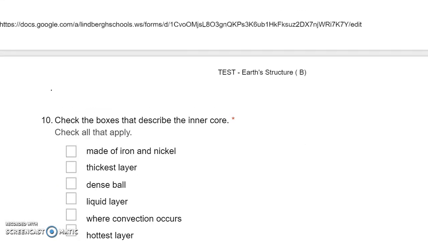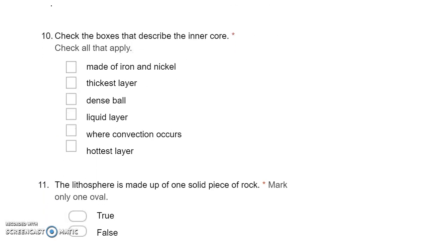Number 10, check the boxes that describe the inner core. Check all that apply. Made of iron and nickel, thickest layer, dense ball, liquid layer, where convection occurs, hottest layer.